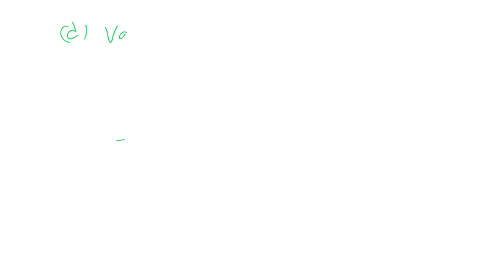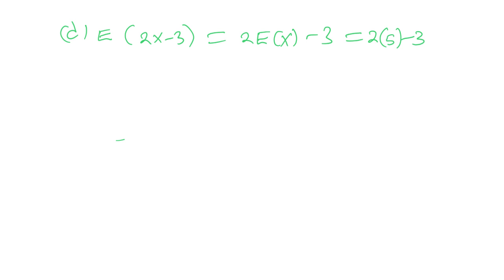They want the expectation first. So let's talk about the expectation of 2x minus 3. This is going to be twice the expectation of x minus 3. And we know that the expectation of x is 5, so 10 minus 3, giving you 7.